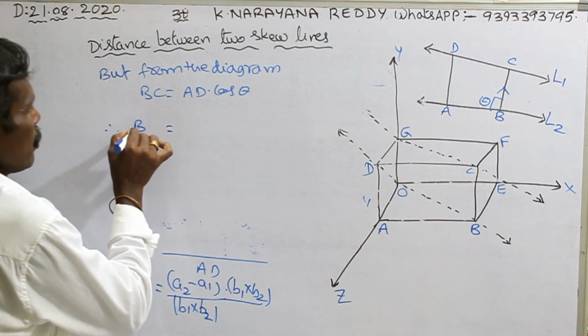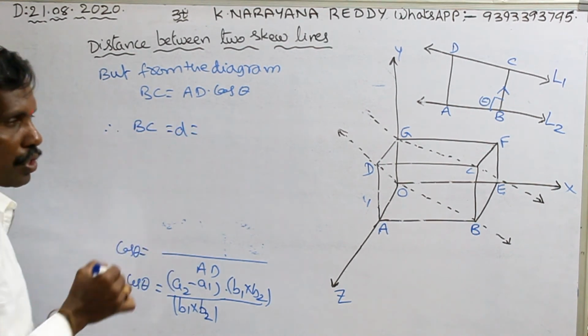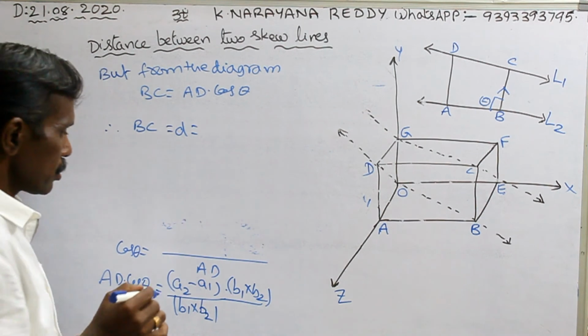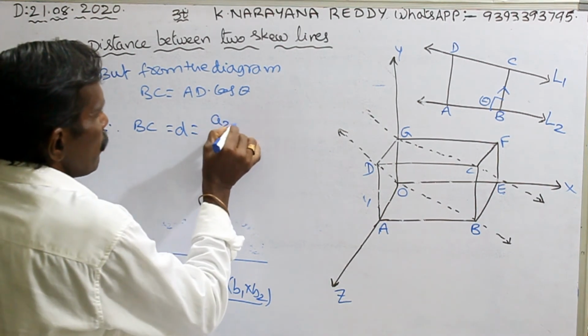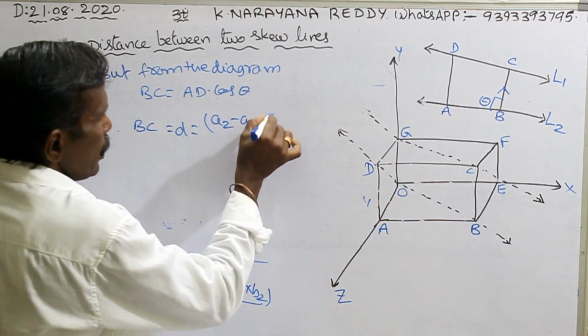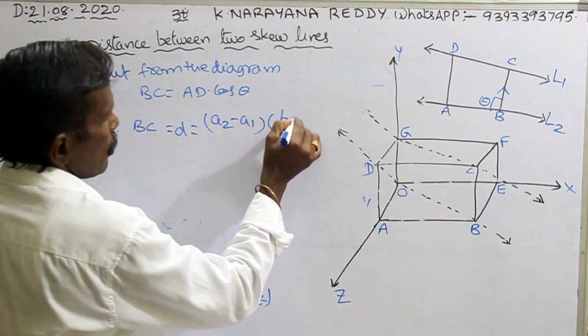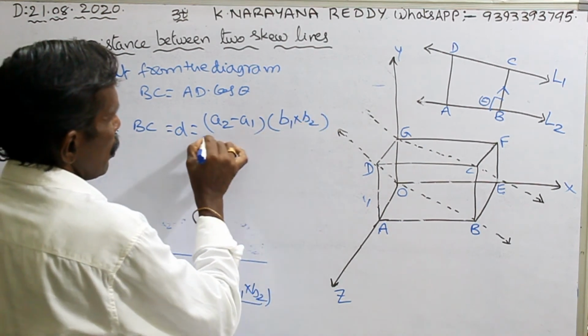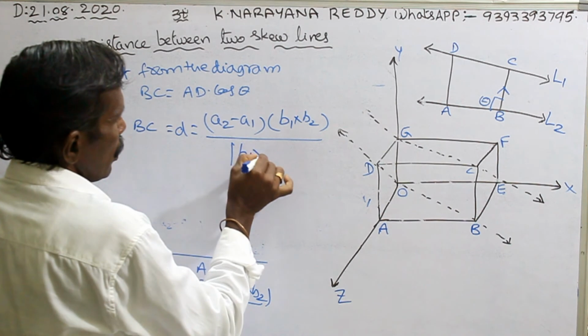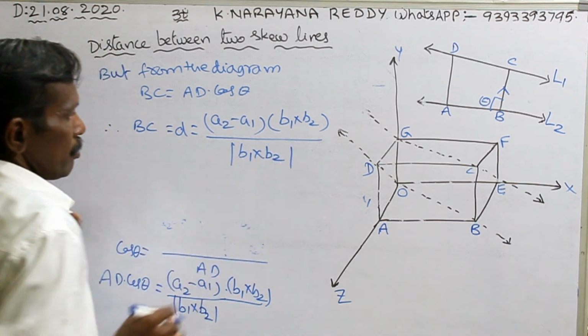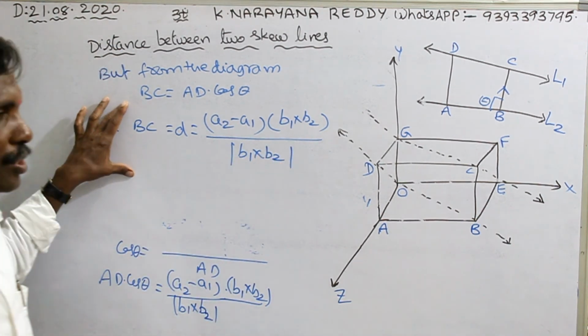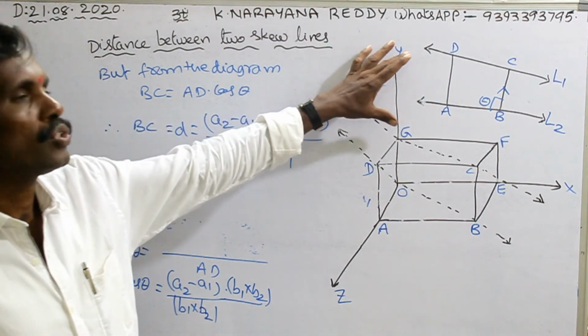Therefore, BC equals d, that is the shortest distance, (a2 minus a1) dot (b1 cross b2) divided by mod b1 cross b2. That's all. This is the required shortest distance between skew lines.